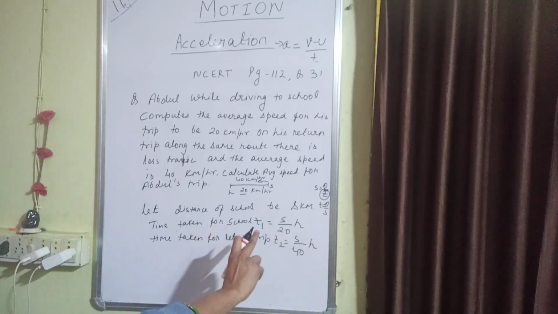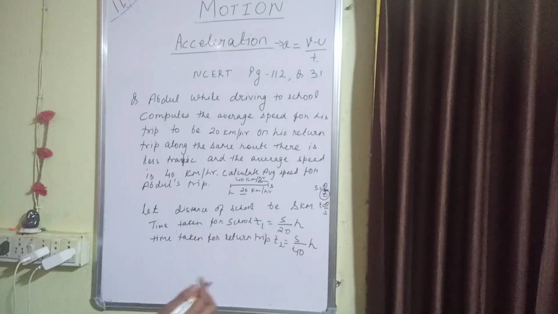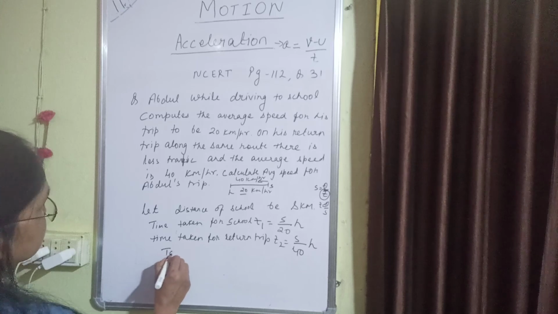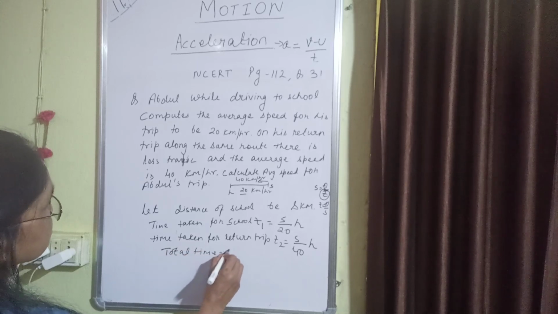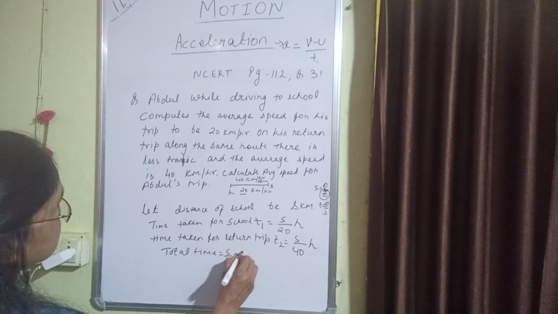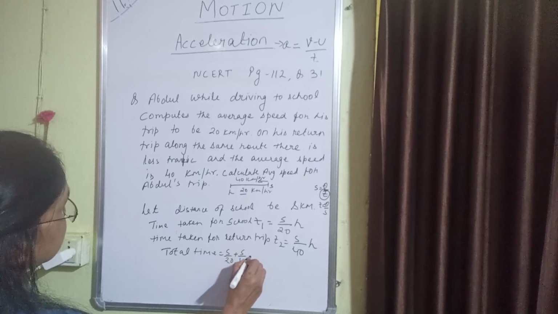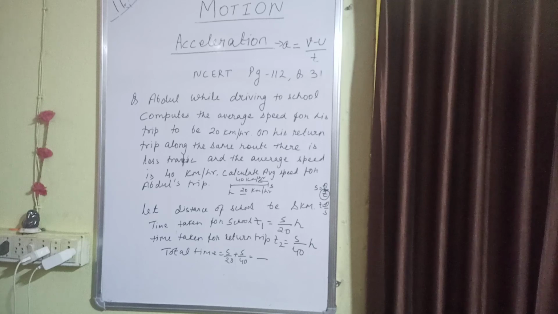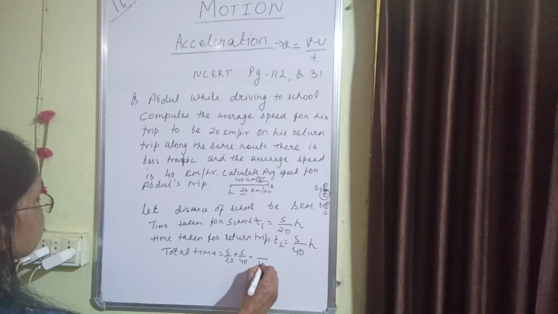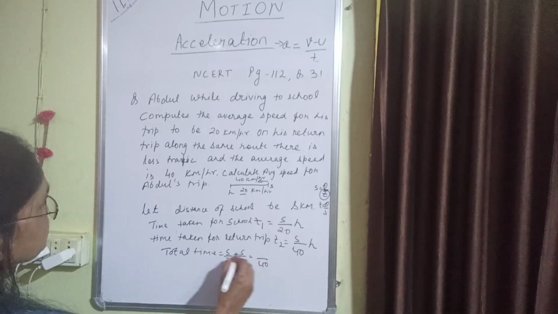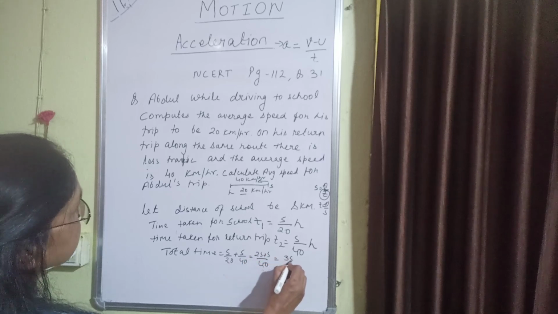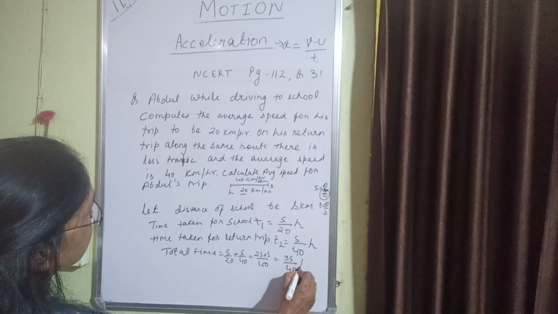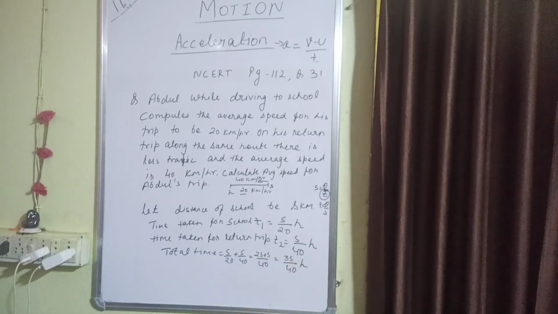We have got the times, so calculate the total time. Total time is equal to S by 20 plus S by 40. Take the LCM, 40. So it is 2S plus S, that is 3S by 40 hour. You have got the total time.